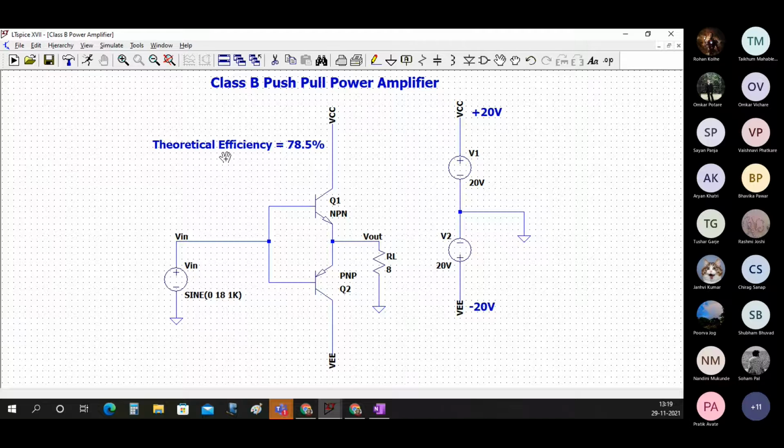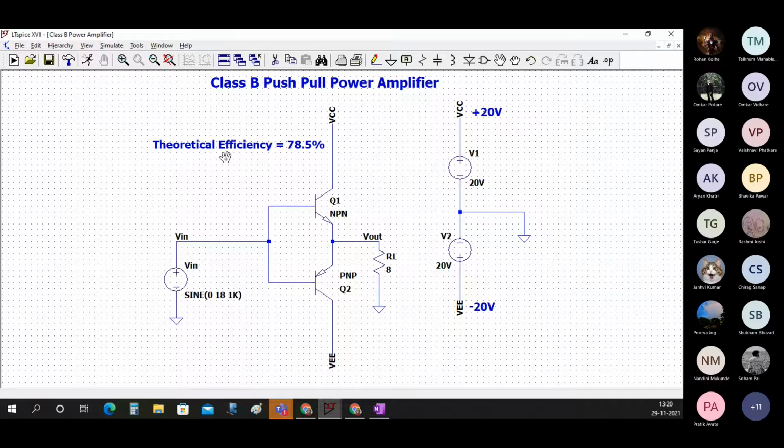When you use an NPN and a PNP, this configuration is called a push-pull power amplifier. Push-pull because the NPN transistor will source the current and the PNP transistor will sink the current.